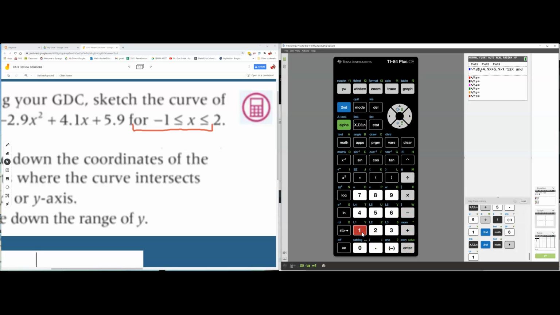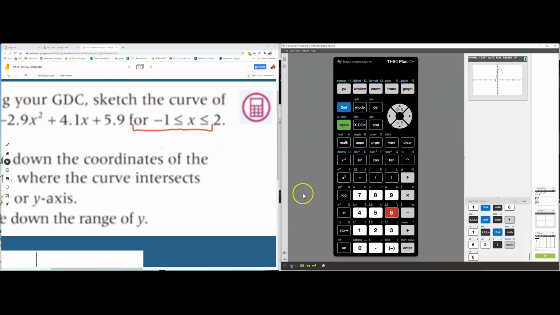Now there's and in there. And x less than or equal to, second test, number 6, 2, and then close my parentheses. And I'm going to put it on a regular 10 by 10 graph, which is zoom standard.